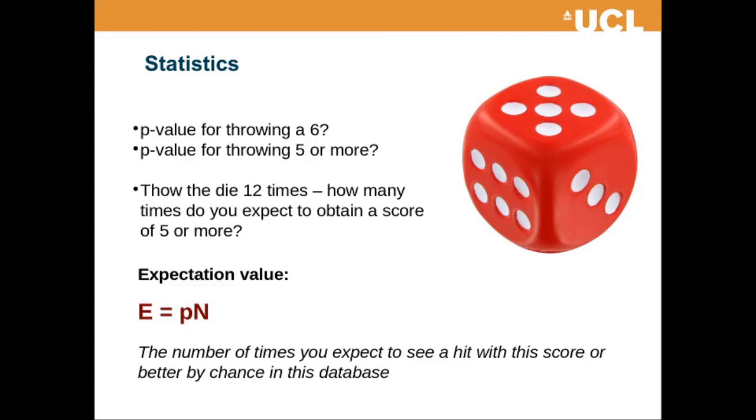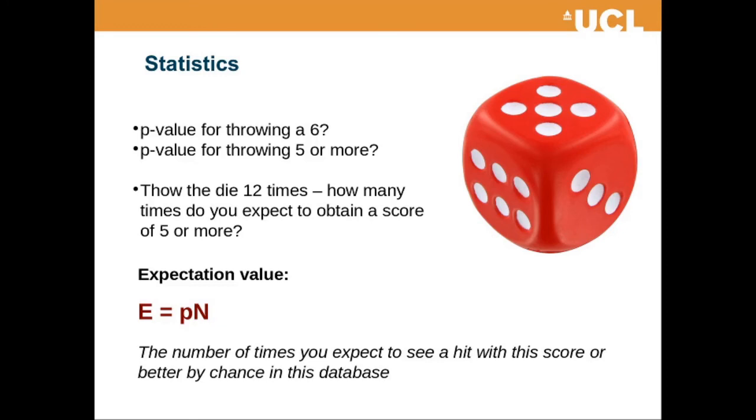In terms of a sequence search, what you have is a given score for a match between your probe sequence and a hit in the database. You can convert the score into a p-value, which is the probability of seeing this score or better simply by chance, and then you multiply by the number of throws of the dice.